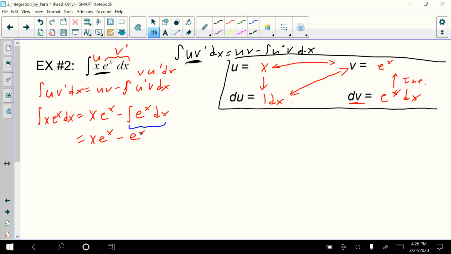And of course, because this is just an indefinite integral, we don't know any numbers that we're trying to evaluate it for, we will say plus our constant in this case, and this would be your final expression for the integration of x times e to the x dx as your integrand.